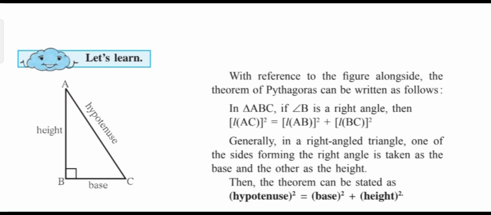Clear? So the basic formula is hypotenuse square is equal to base square plus height square. Whenever you are solving the sums, you are supposed to use this formula only.